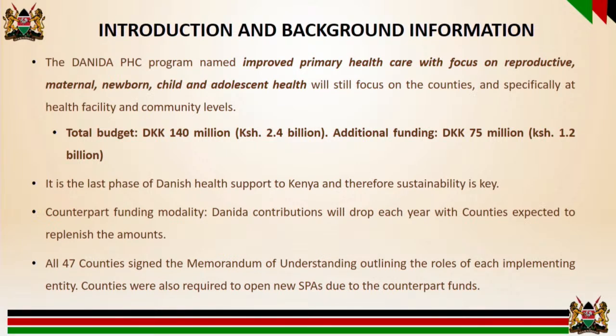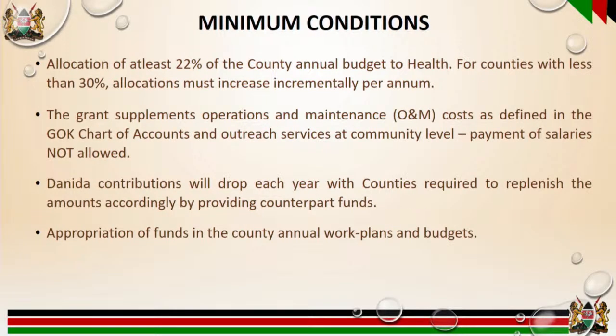We also had an MOU that was signed by all county governments that outlined all the roles of the key implementers. That, of course, includes COG, MOH, Royal Danish Embassy, and the respective counties. The minimum conditions under the Danida PHC program: allocation of at least 22% to health.